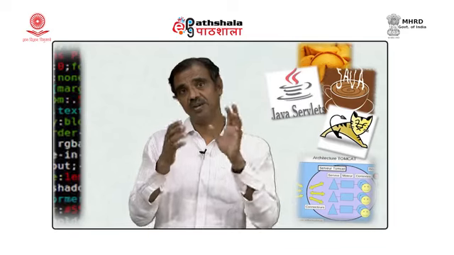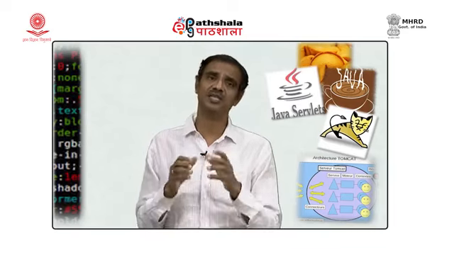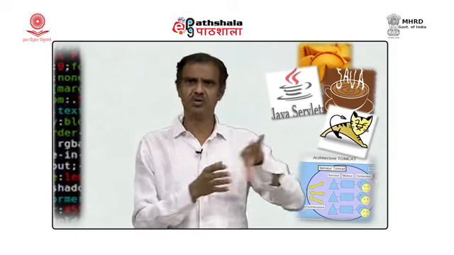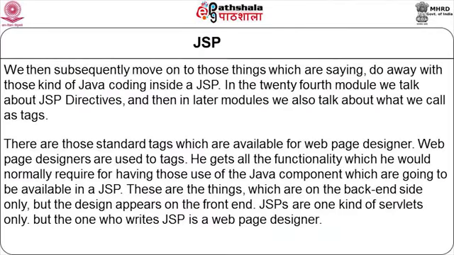But anyway, we cover those kinds of elements which go in a JSP, and then subsequently we move on to approaches which say you do away with Java coding altogether. We talk about JSP directives, but we also talk about what we call tags.